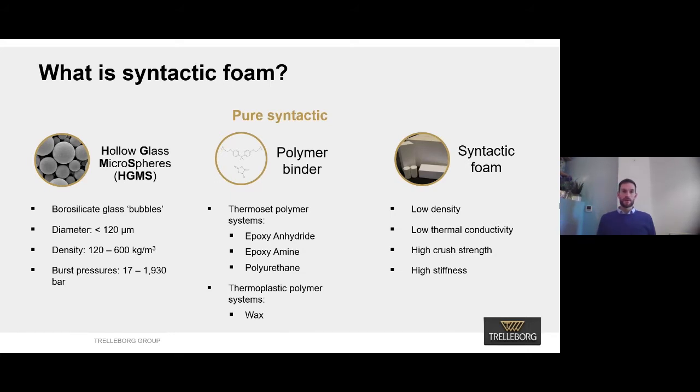In terms of thermoplastic polymer systems, depending on the application, we can use a wax-based polymer system. And in combination, these hollow glass microspheres and the polymer binder create a syntactic foam which is low in density, high in strength, but also displays properties such as low thermal conductivity and high stiffness.